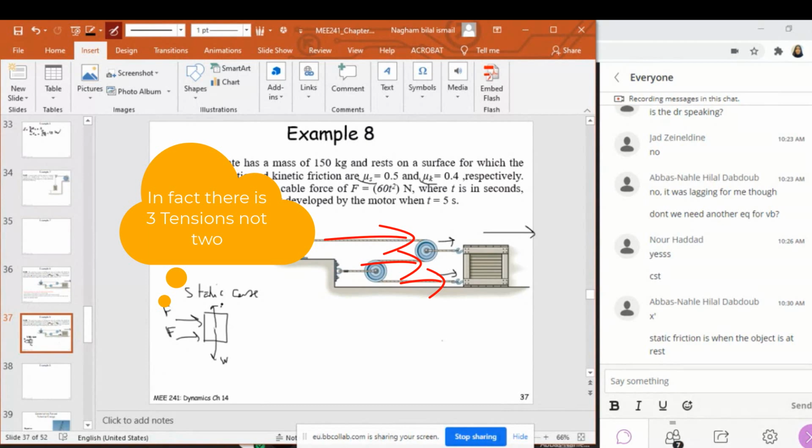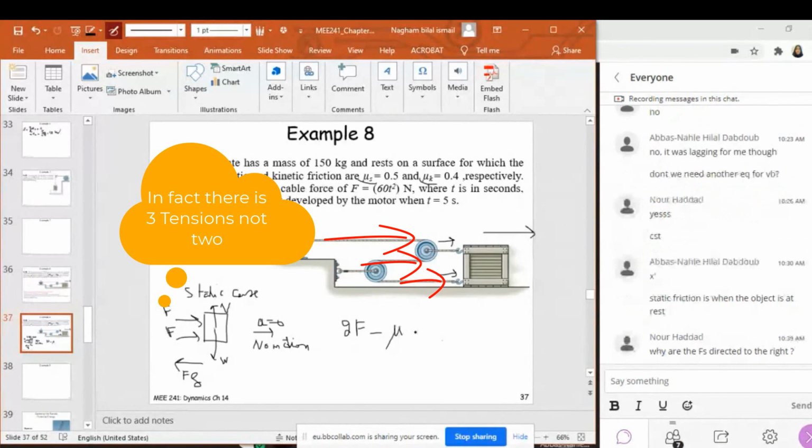I have a normal force, but I don't have an acceleration. Although I don't have any motion, I have a static frictional force. So if I apply this in this direction, of course a here is equal to 0 since there is no motion. So no motion, it's statics. Then what I'm going to have is 2F minus the frictional force, which is μ static.